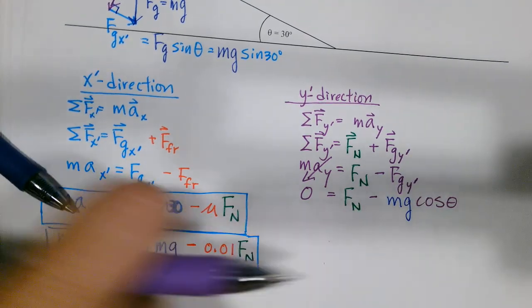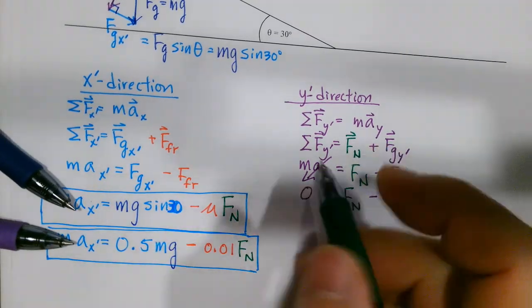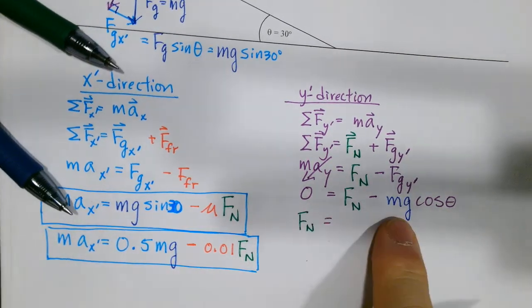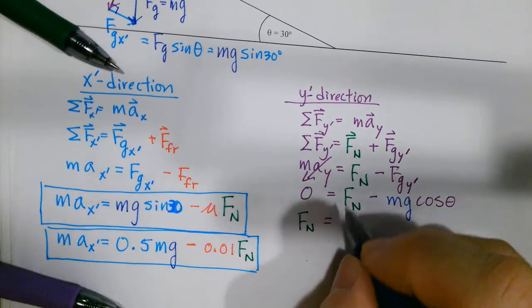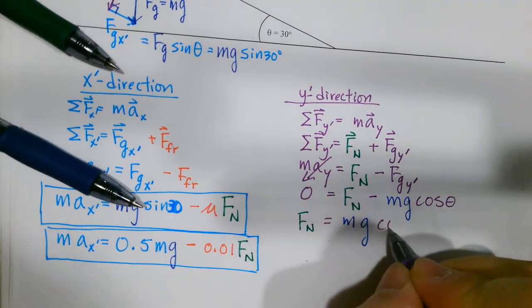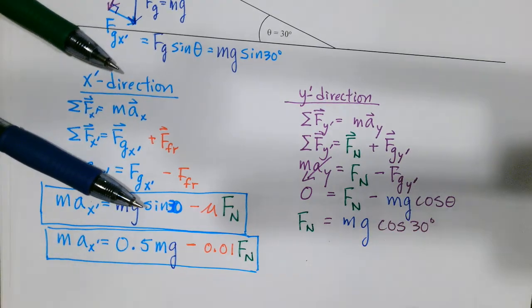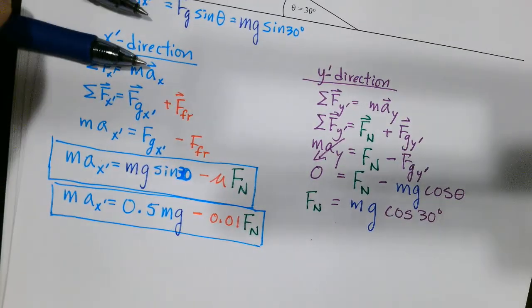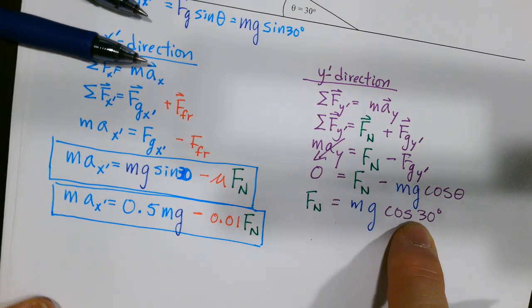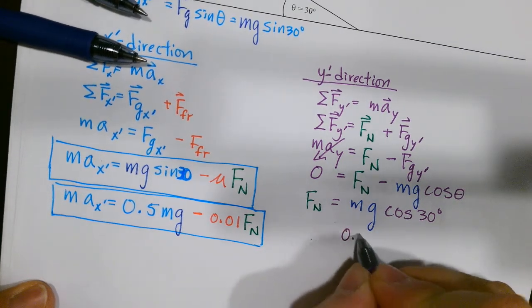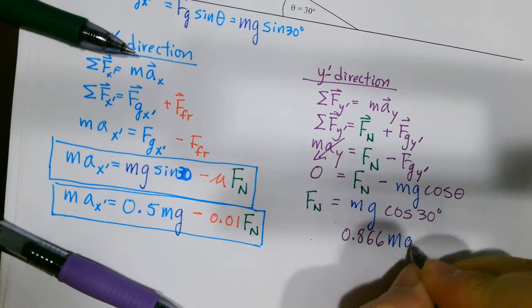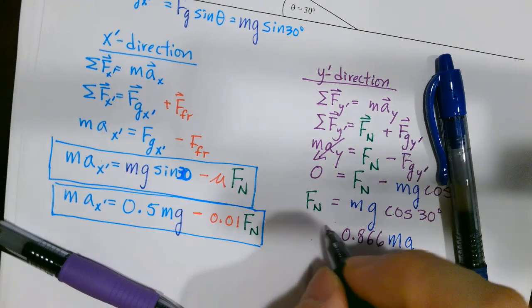So if I solve for F normal now, by bringing this to the other side, my F normal is equal to positive m times g times cosine of 30 degrees. Cosine of 30 is 0.866. So 0.866 times mg is what we have for F normal then.